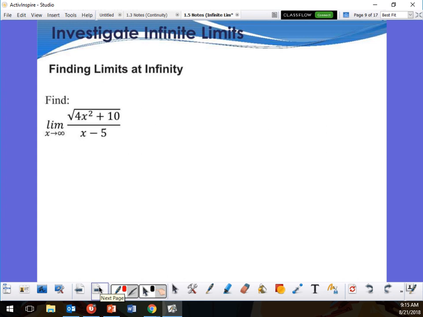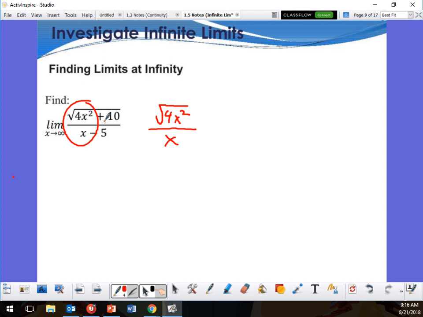All right, so find limits at infinity. Now, okay, what did I say matters? What's the cheat? Look at the front, right? So if I'm only looking at the front, that means it's this and this, right?